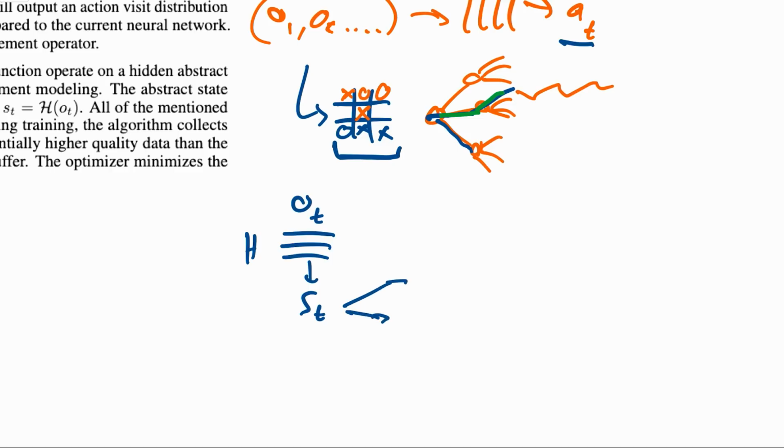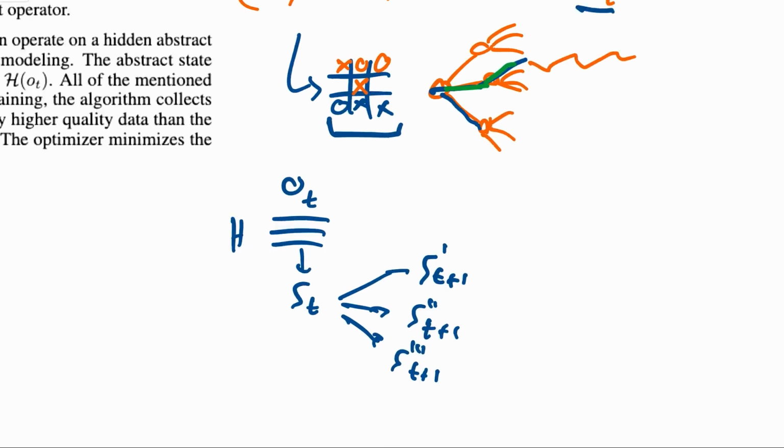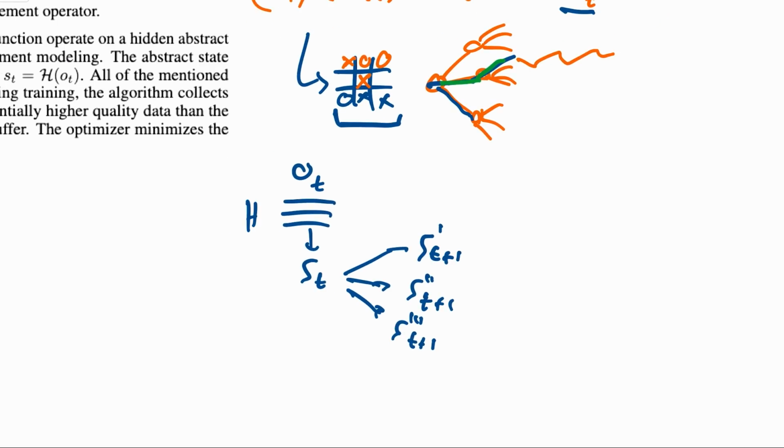They say, okay, I'm not going to predict what the next observation is going to be, like in the tic-tac-toe board. I'm only going to predict what the next hidden state is going to be. T plus 1, like this is 1, this is 2, this is 3. Depending on which action I do, what is going to be the next hidden state of the environment?